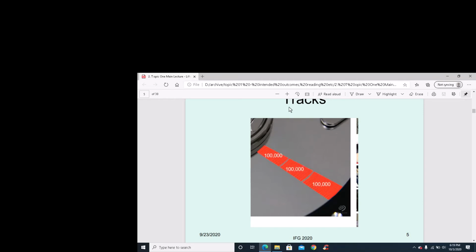So a track is a very narrow concentric circle representing an area of magnetizable material onto which can be written ones and zeros representing different bits of information.